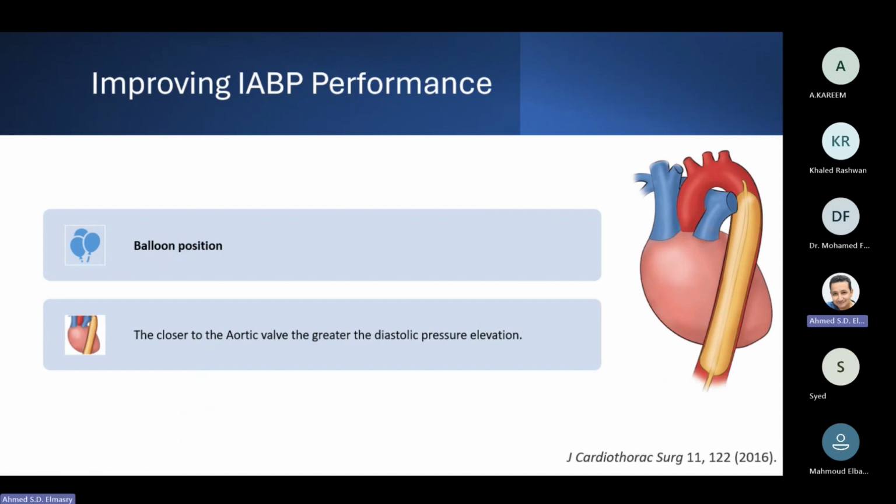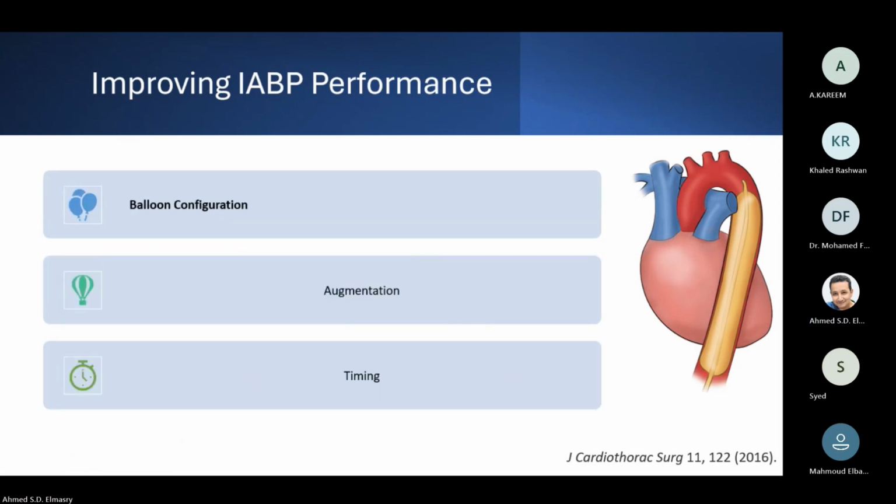And the balloon position: the closer the balloon tip to the aortic valve, the greater the diastolic augmentation and the greater the diastolic pressure elevation. If the balloon is too low, the diastolic augmentation will be very little, and the balloon will be helpless in this case.